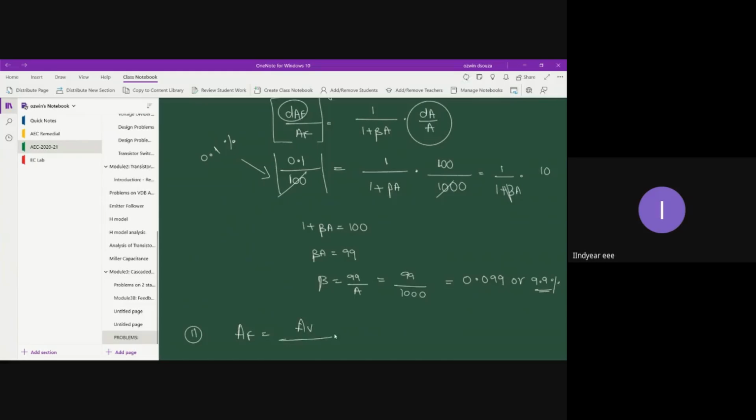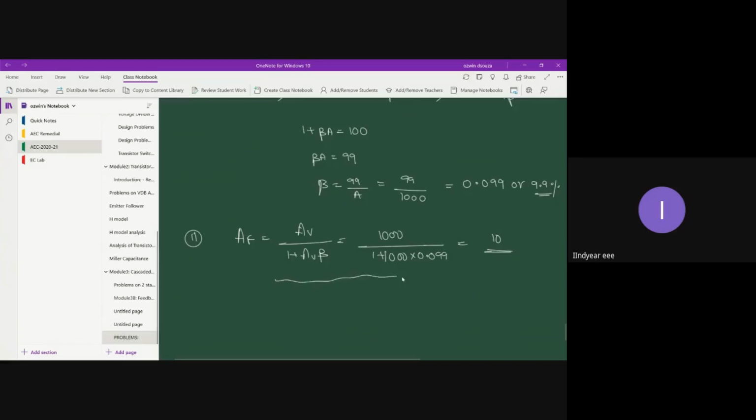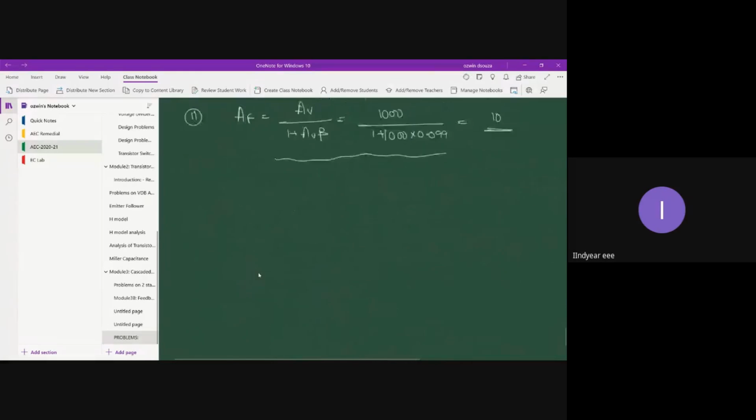AF is equal to AV divided by 1 plus AV into beta. So 1000 divided by 1 plus 1000 into 0.099. That gives the closed loop gain as 10 units. So that's your problem number 7.